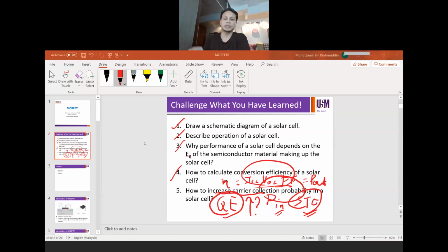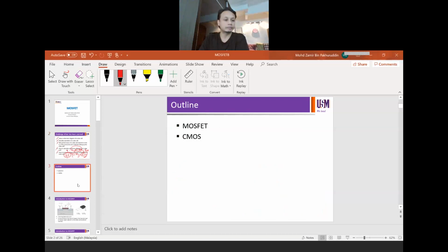There are many more ways. You can help by reducing doping level, but at the expense of series resistance in the solar cell, and there are many more ways, right? So done with solar cell, let's move on to the next one.